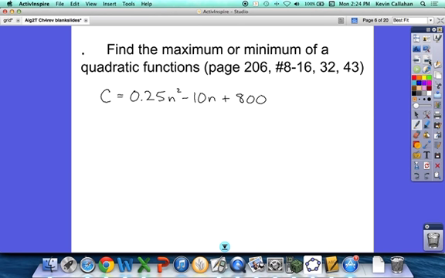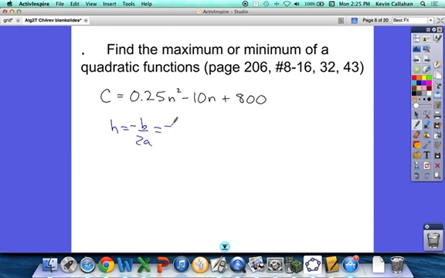Specifically the minimum is going to be (h, k), the vertex, but which one did they just ask for? How many fixtures would be produced to yield a minimum cost? They didn't ask for the minimum cost. They just want the h, right? So let's see. How do I calculate the h? Yeah, it's negative b over 2a.